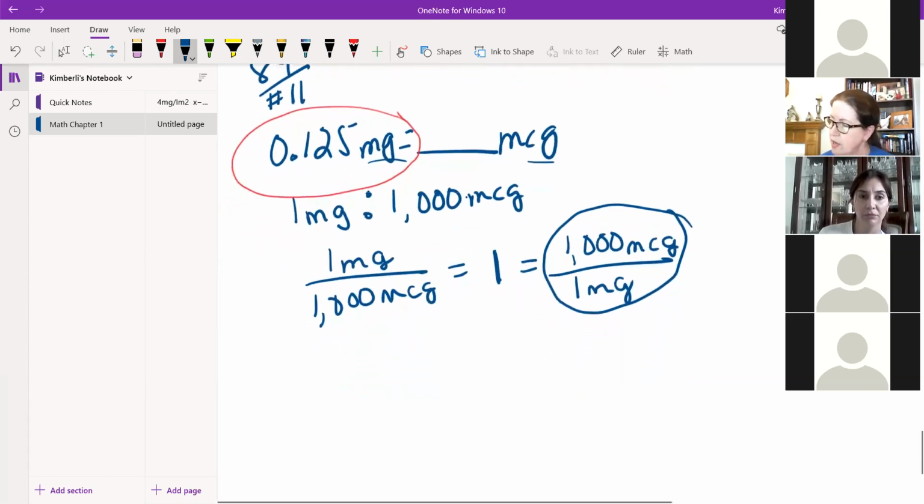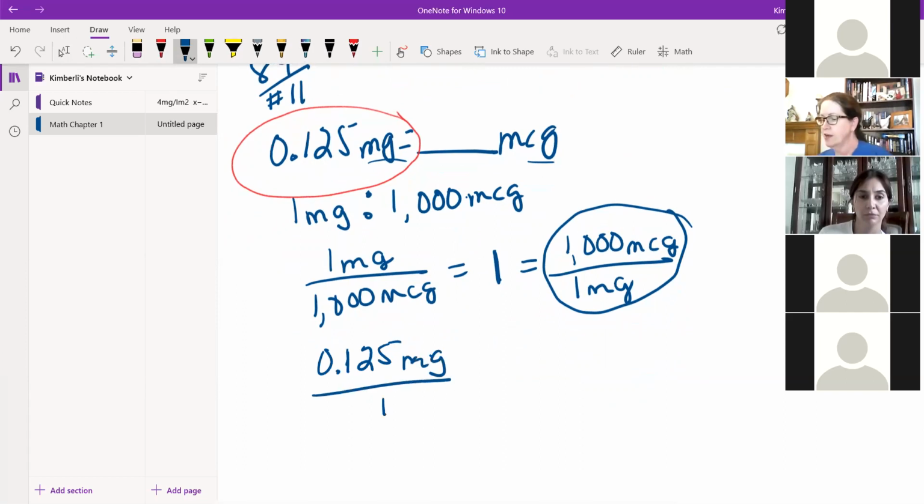So we have 0.125 milligrams. I can put it over 1. I can make a fraction out of it, and I can multiply by 1,000 micrograms over 1 milligram.